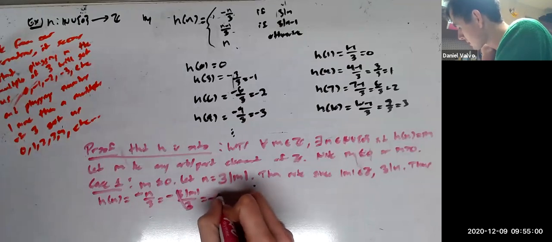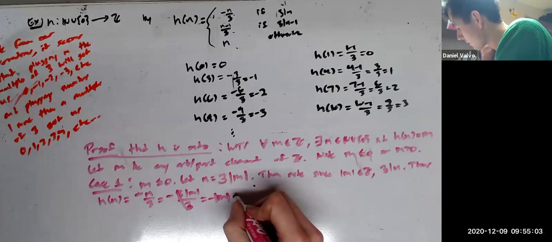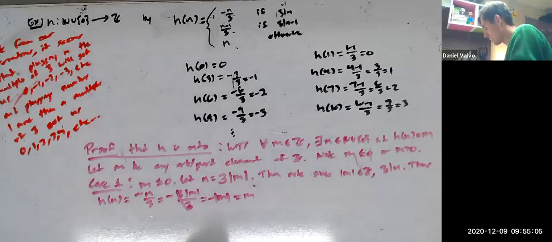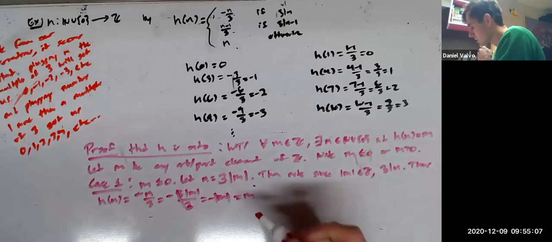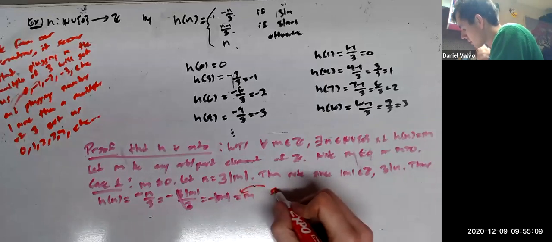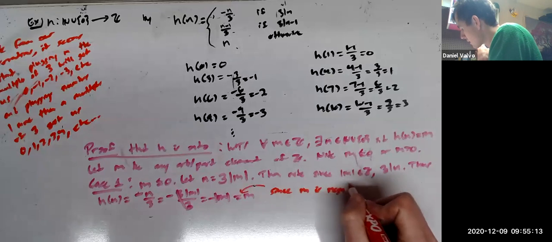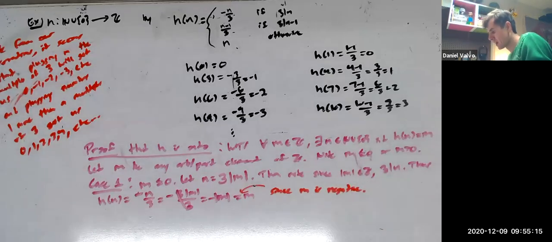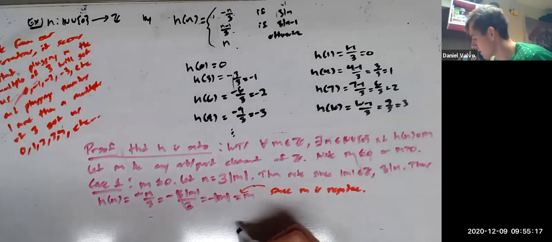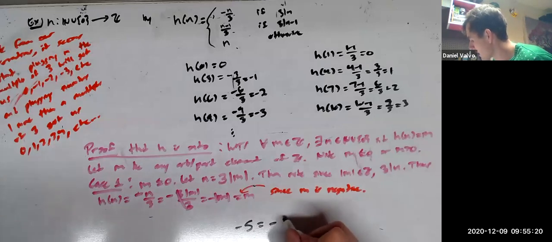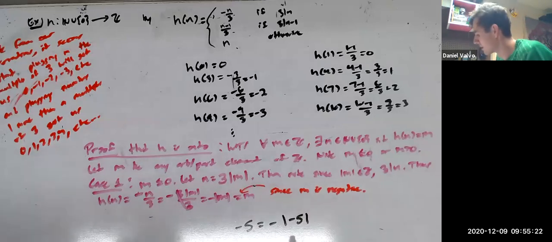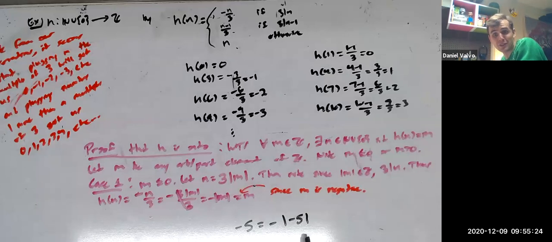These cancel out, and this gets you negative absolute value of m, which equals m. And this is true since m is negative. Right? If you take any negative number, like say -5, -5 is going to equal the negative of its positive version, right? Obviously.